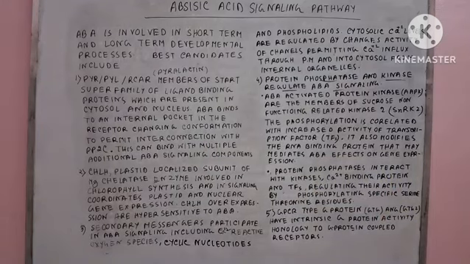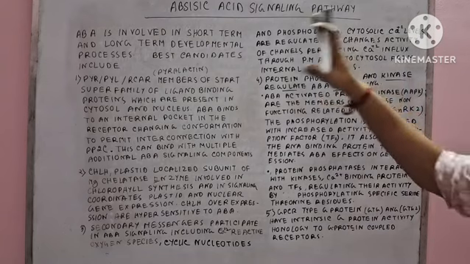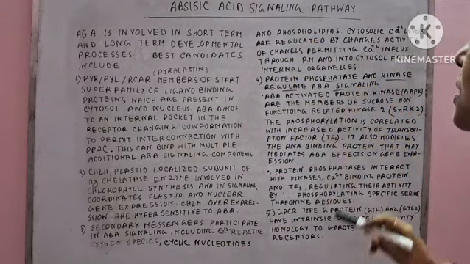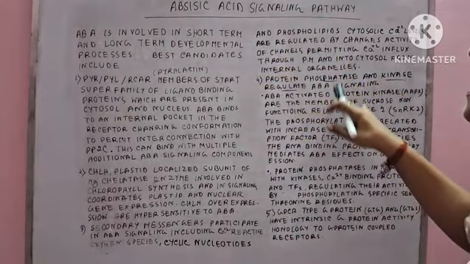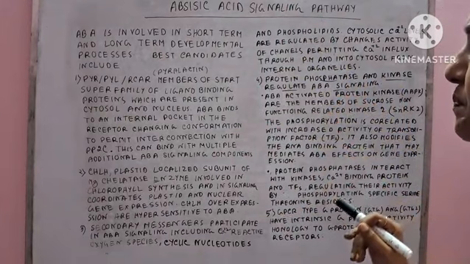Clear? And another important thing is GPCR. This is one type of G protein receptor, involving GTG1 and GTG2. They have intrinsic GTPase activity and are also involved in the ABA signaling process. So these are the main factors involved in the abscisic acid signaling pathway.